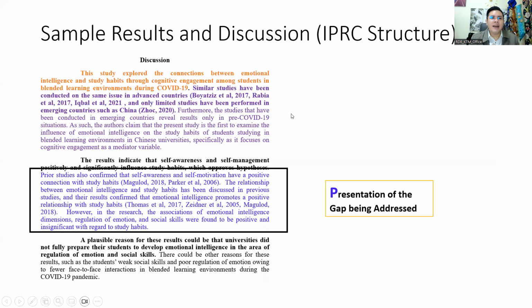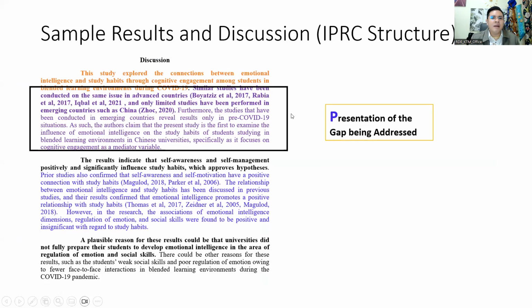Similar studies have been conducted, referring now to the presentation of the gap being addressed, showing that studies have been conducted in emerging countries with results only in pre-COVID-19 situations. As such, it addresses the gap that the present study is the first to examine the influence of emotional intelligence on the study habits of students studying in blended learning environments.